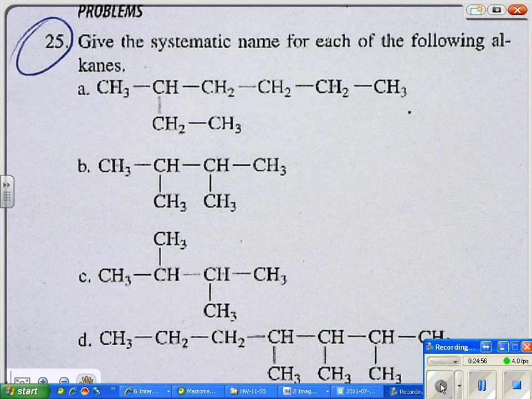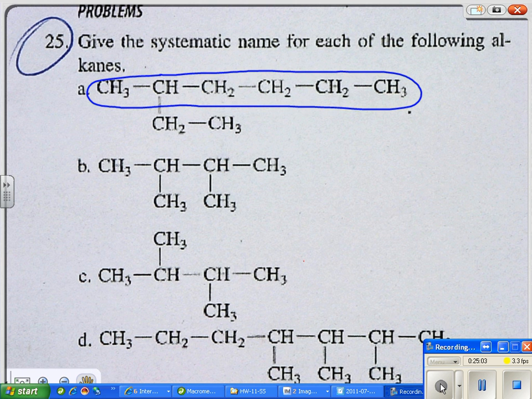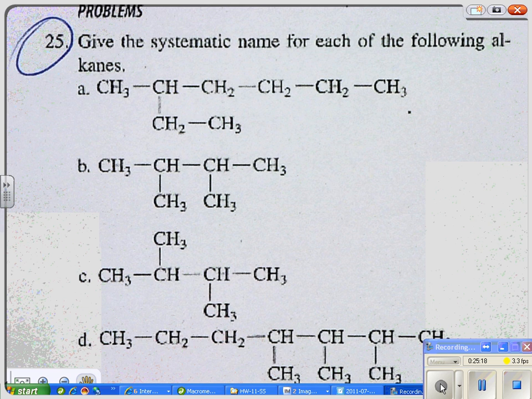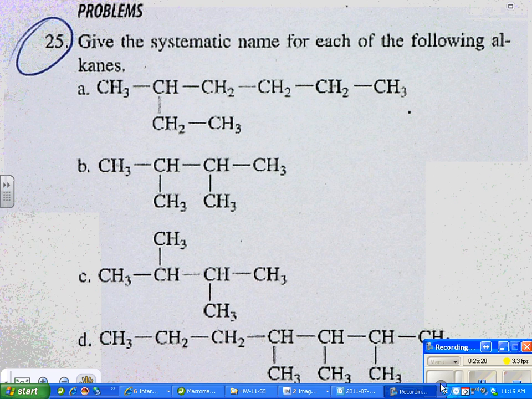Okay, here we go. We're going to circle the longest chain. And Justin is going to do that for us. Okay. That's your longest chain, huh? You want to change your mind here? Okay, just a moment.